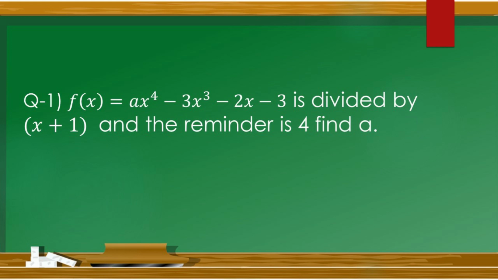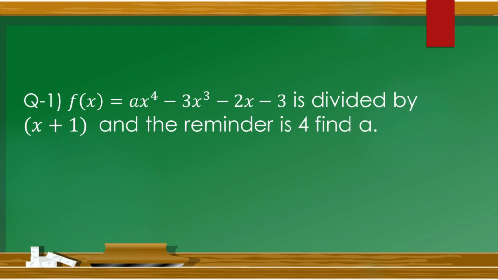This is my first example. Here ax to the power 4 minus 3x cubed minus 2x minus 3 is divided by x plus 1, and the remainder is 4. Find a. So now we can use our remainder theorem directly.